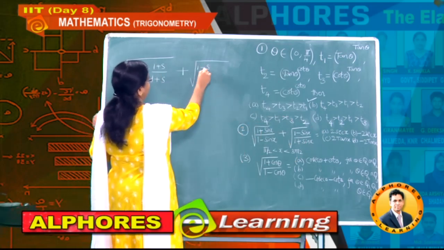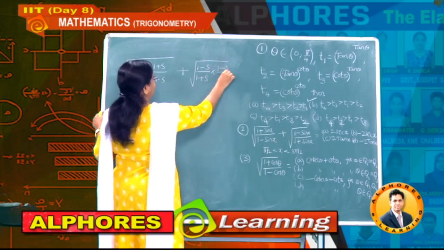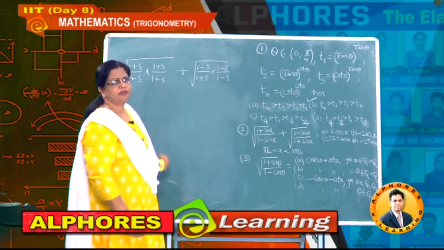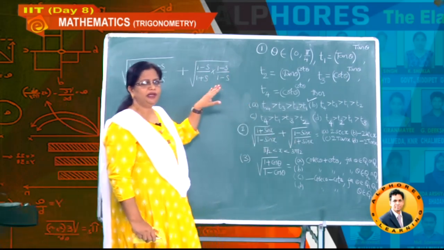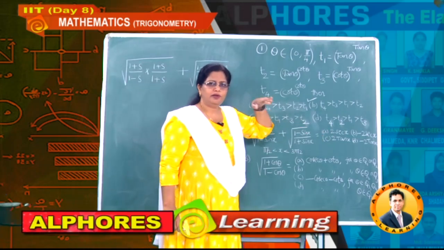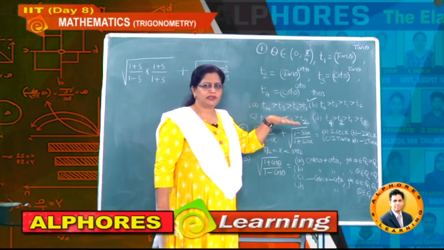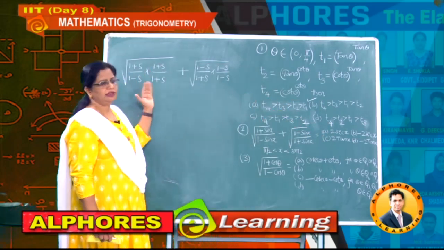So 1 minus sine divided by 1 plus sine, now multiplied and divided by 1 minus sine. Understand, students? Here we want to make the denominator the same, because in secant and in tan, what would the denominator be? Cos. That is the reason we want to get everything in terms of cos.